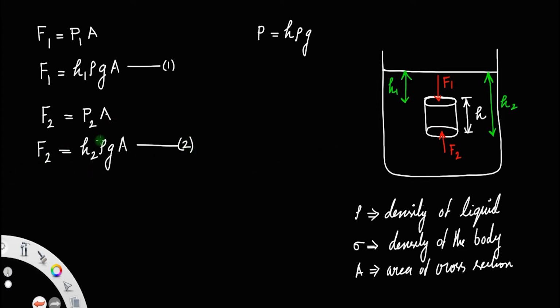And you know h2 is always greater than h1. Since h2 is greater than h1, we have the pressure at the bottom greater than the pressure at the top. Obviously, the force F2 will be greater than F1.